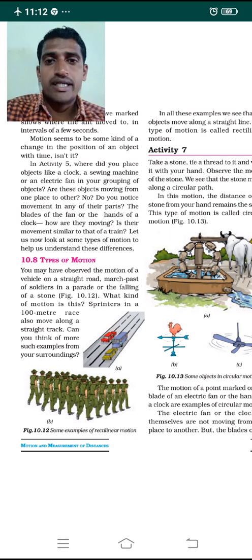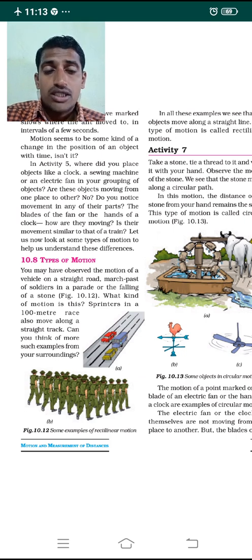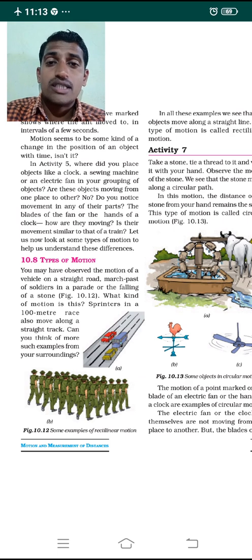In a similar manner, during the national festivals, even our soldiers perform a parade. The march past of soldiers in a parade is also in a straight direction, in one straight direction.